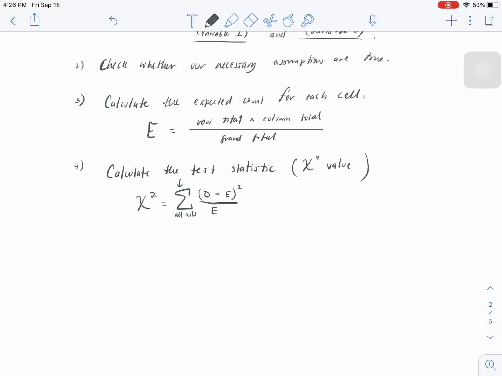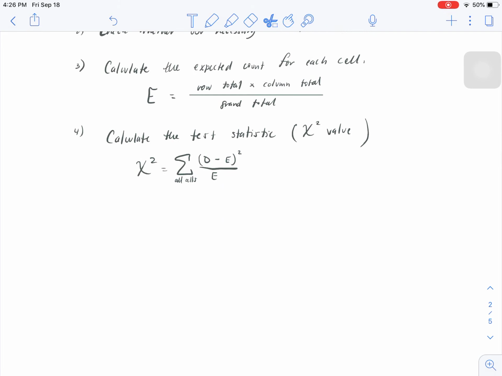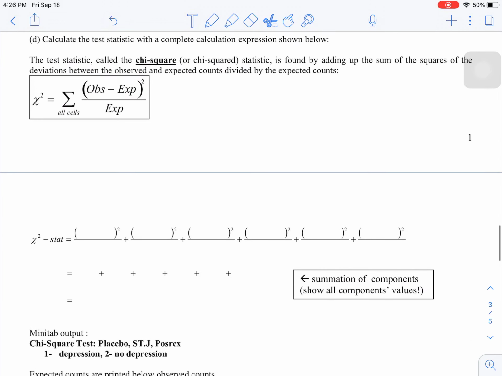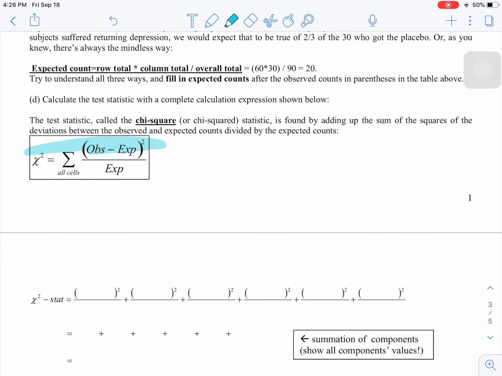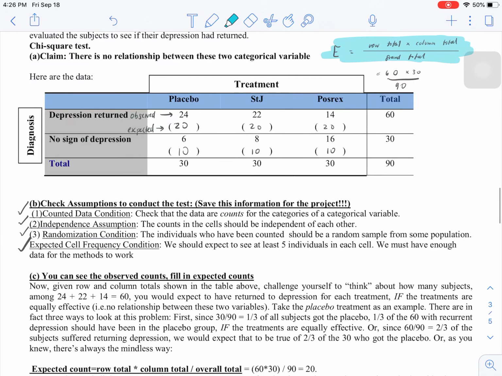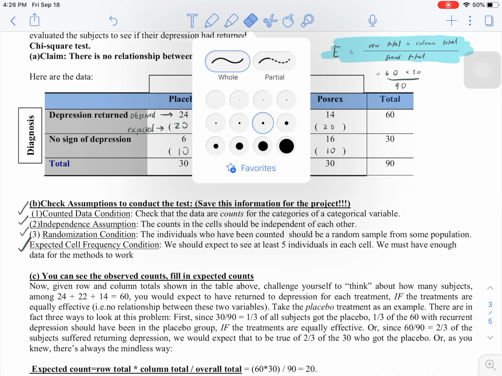That's this big Greek letter sigma here, which tells us that we should calculate this quantity for each cell and then add all of those up. So let's go ahead and do that. So we have our formula right here. Let me bring our table down to help us calculate it.